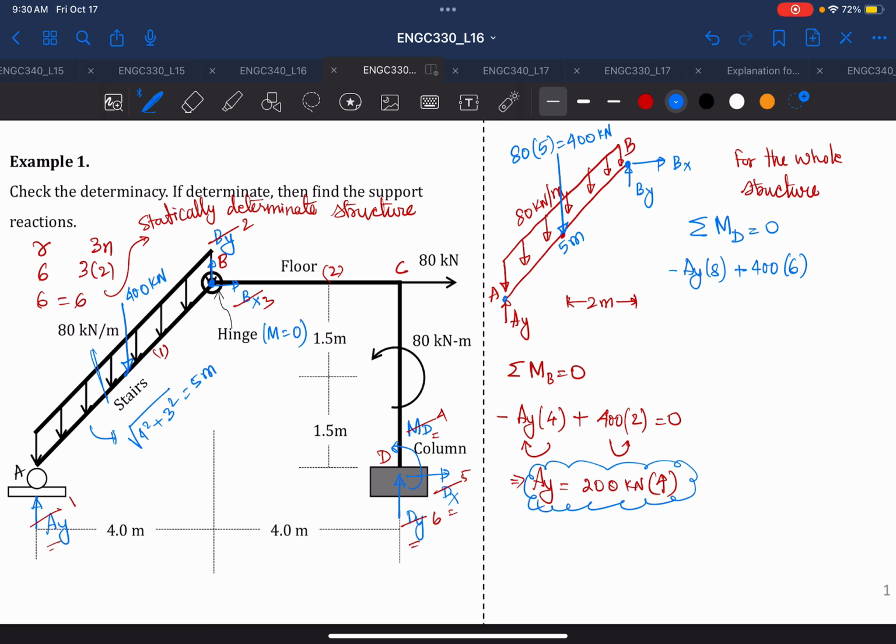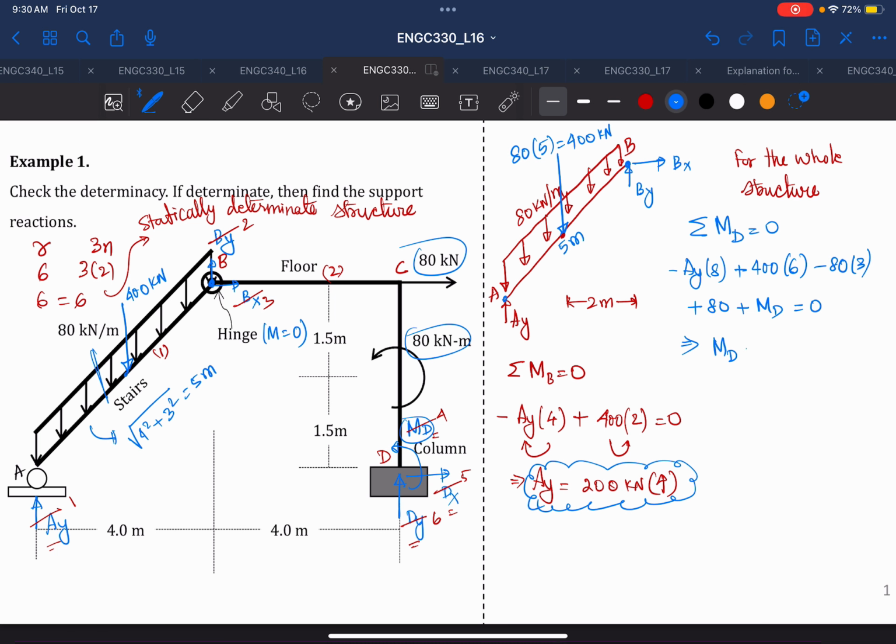And then we have minus 80 into 3, because this horizontal point load will apply a clockwise moment, and then we have counterclockwise moment, MD, which we assume as counterclockwise, and that will be equal to 0.